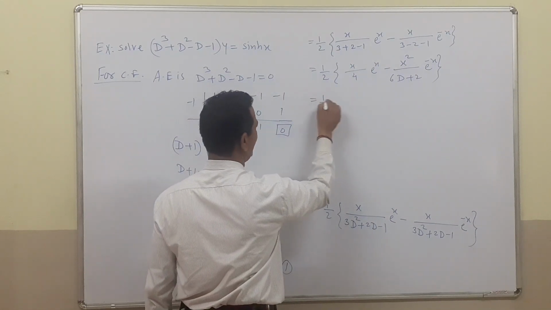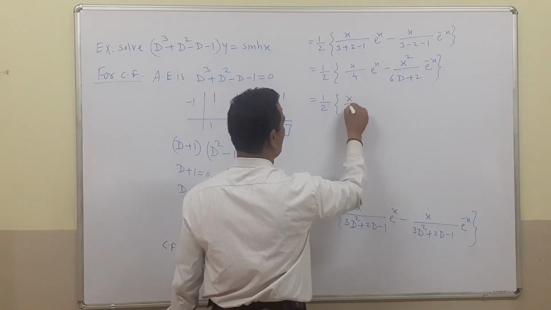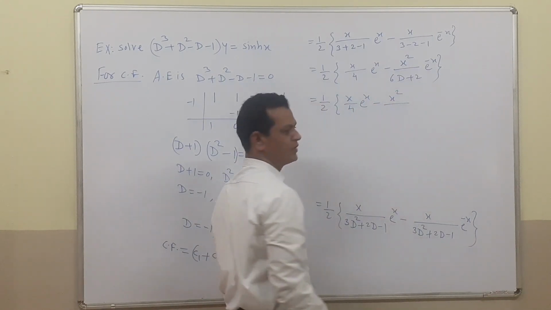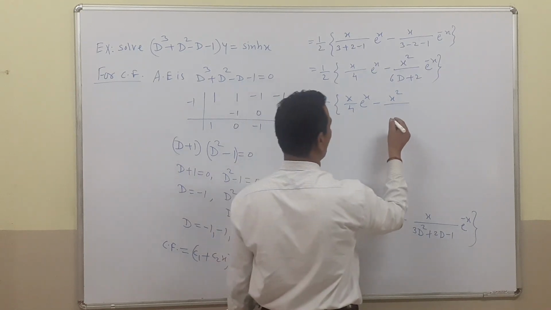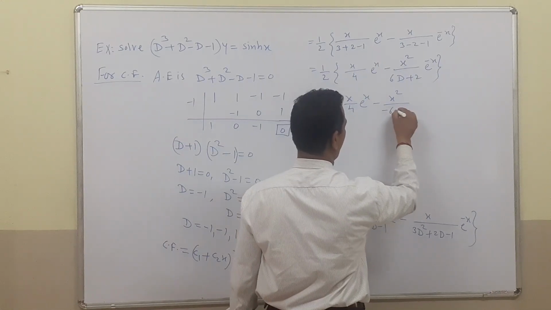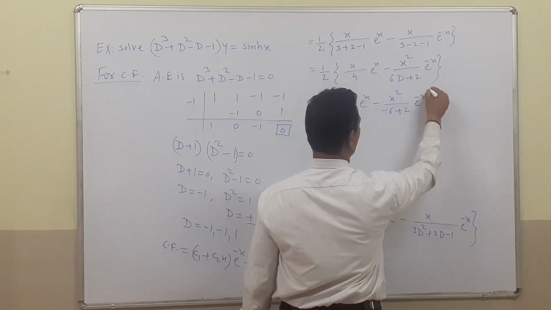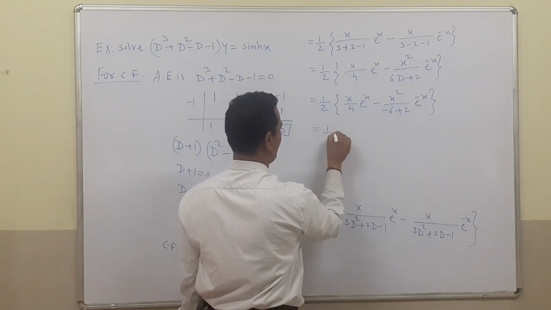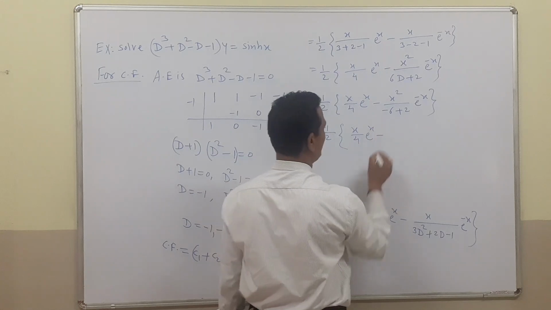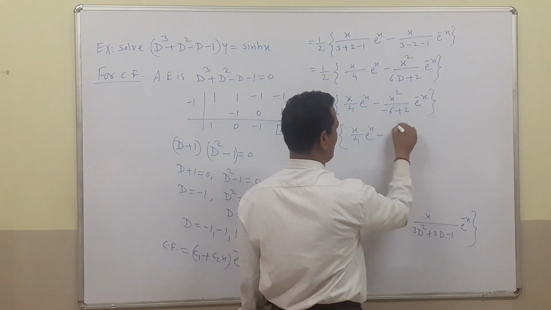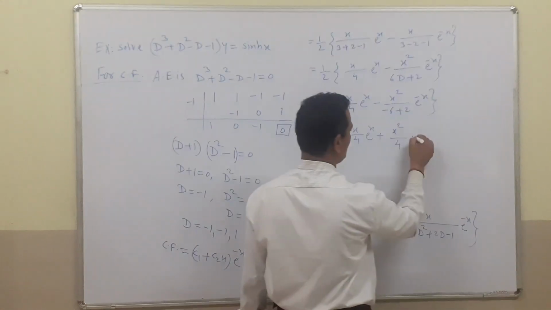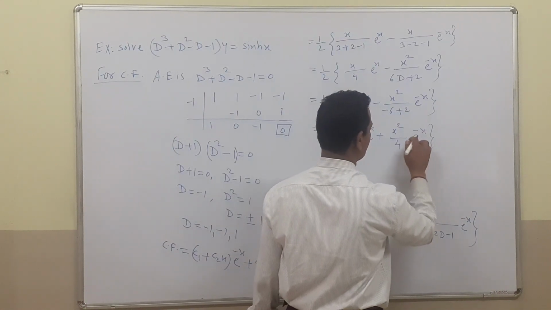So further simplify, 1 upon 2, this is x by 4 e raised to x minus x square upon, so if we replace d by minus 1, then this is minus 6 plus 2 e raised to minus x. Once again simplify this, this is x by 4 e raised to x minus x square upon, this is minus 4, so we can write this as plus 4 into e raised to minus x.